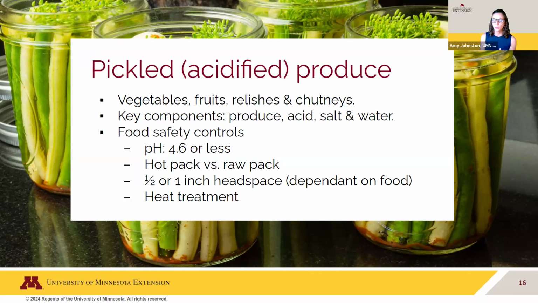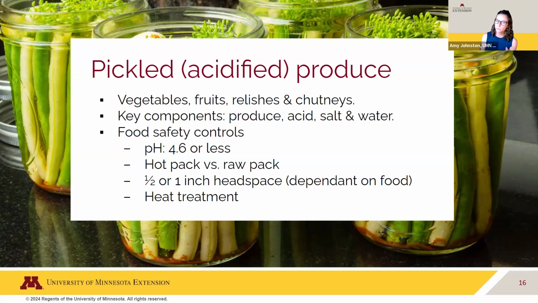There are some differences between hot pack and raw pack with our pickled produce, depending on the type of produce, the size of the pieces, and how the produce would respond to heating before or after. Heating, so using a hot pack method, can improve the acidification process, so it's used in a lot of low acid vegetables that are getting pickled.